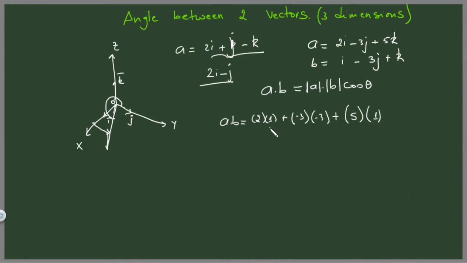This is 2 plus 9, 11, plus 5, 16. So a dot b equals 16.